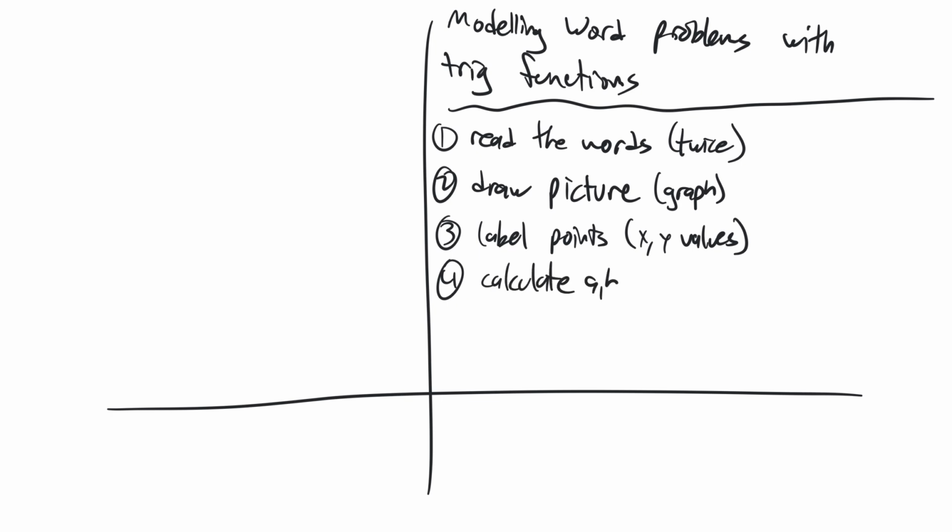And then you go ahead and you calculate your A, your B, your C, and your D. Generally using formulas. So A, B, and D are formulas. And C, well, that one's kind of tricky. But you look for a starting point.